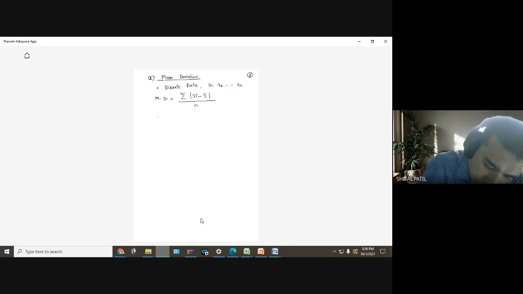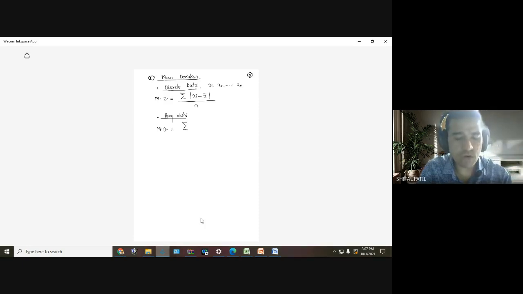Okay, then frequency distribution. We know what the frequency distribution is. What is the formula of mean deviation? Can anyone predict what will be the formula of mean deviation for the frequency distribution? कोई बता सकता है? कोई predict कर सकता है?